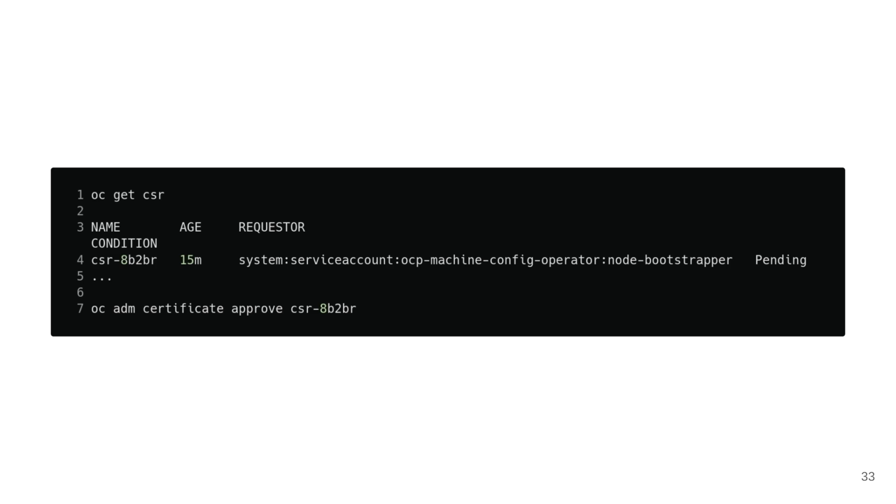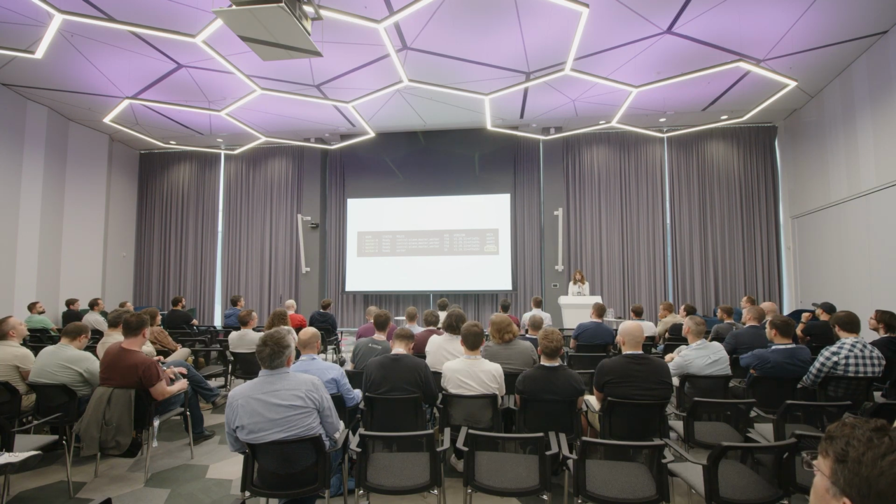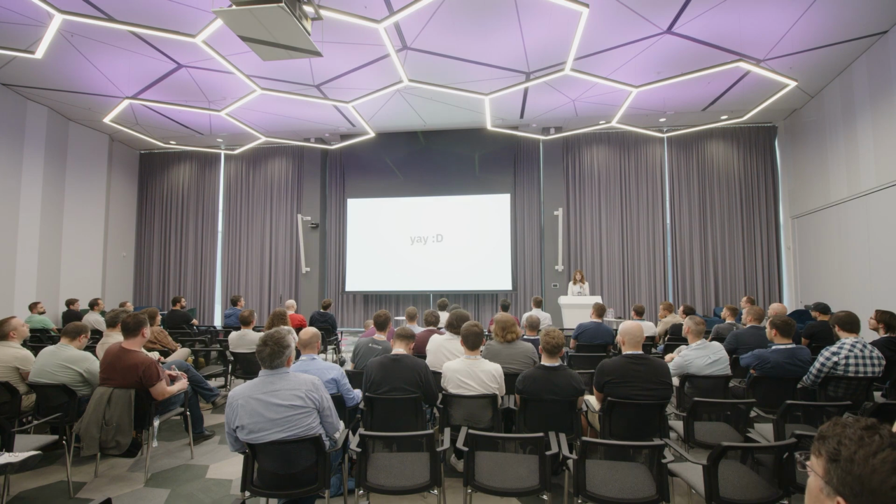With those hurdles overcome, we can deploy workloads to our mainframe worker. Things aren't quite as hard if you're not the first person to ever do it, but yeah. And this is the worker with the architecture label. Yay.